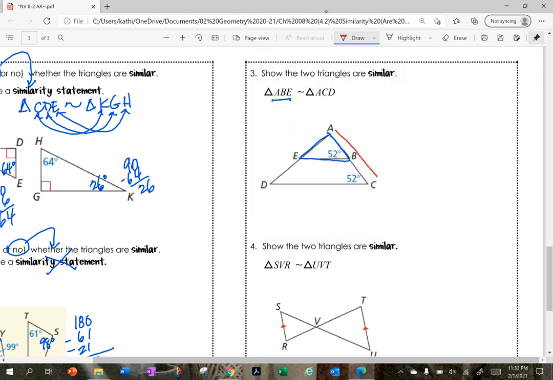So I want to set up my triangles to show that I have two sets of corresponding angles congruent. I would redraw this. Sometimes that's a little easier to see redrawn. So I'm going to draw my outside triangle again.